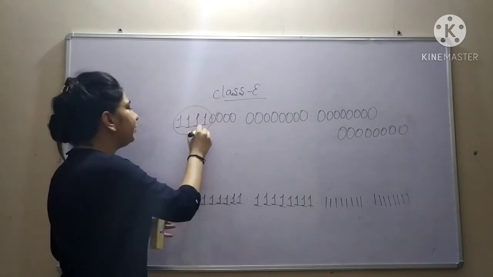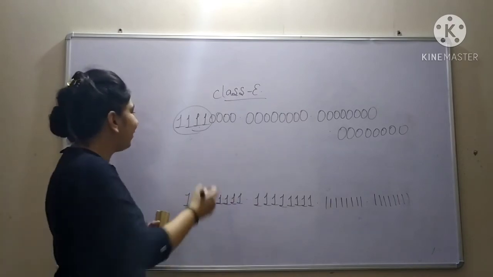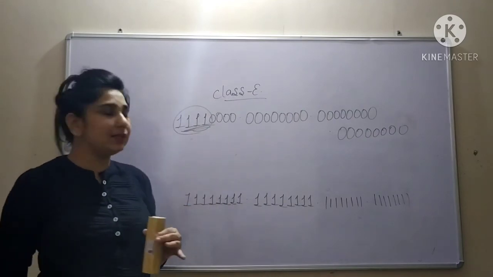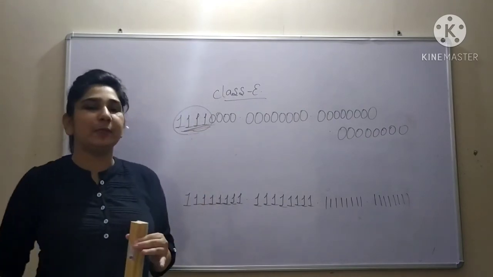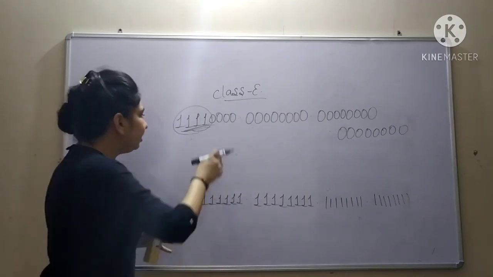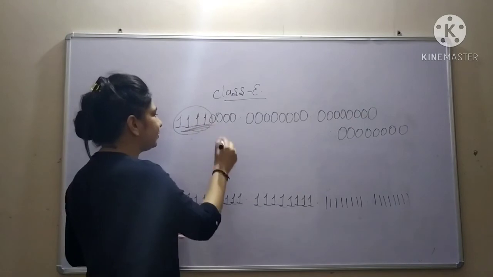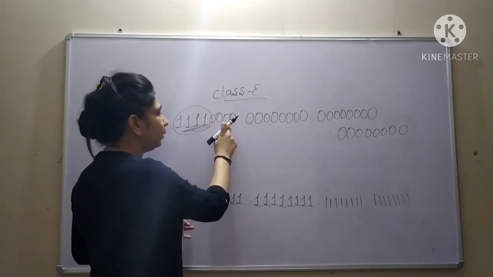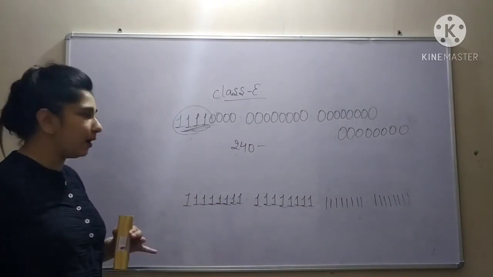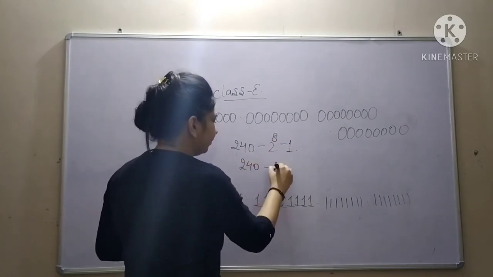So if you have to identify whether the given IP address belongs to class E or not, how can you identify? The first 4 bits. If the first 4 bits of any given IP address are 4 ones, then you can say that the IP address belongs to class E. Even if you find the range, if you convert it into the decimal number system, 4 ones is 240, so the first octet is 240, and the maximum is 8 ones, 2 raised to power 8 minus 1, which is 255.